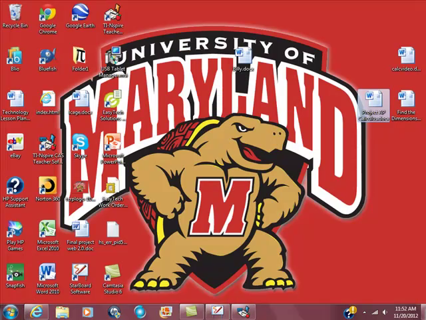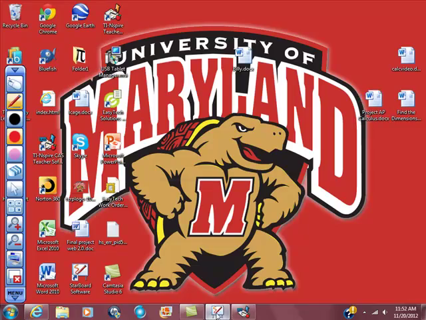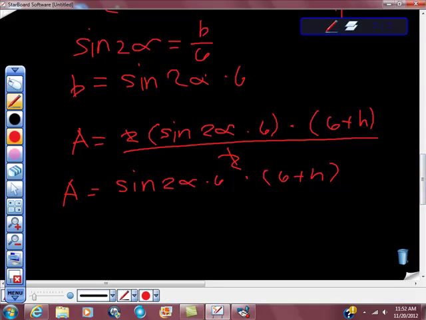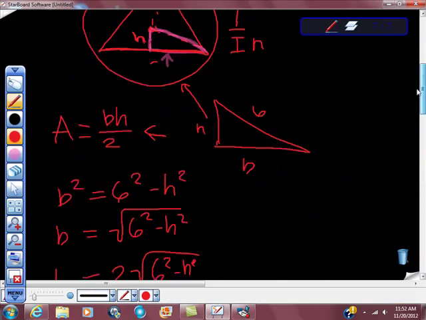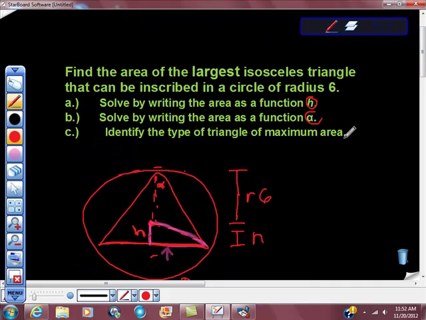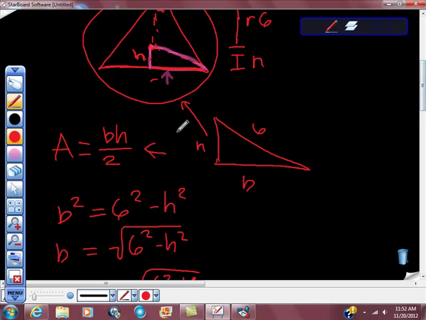And for letter C, we are asked to identify the type of triangle of the maximum area. So we need to find the maximum of our area.